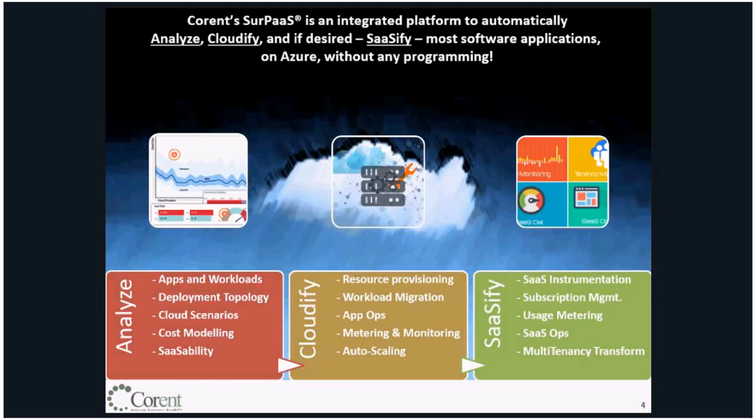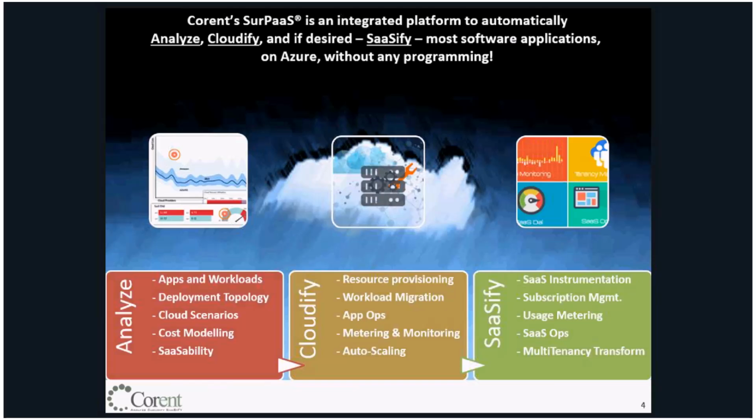Now, to do that, what we specialize in, or putting the company's perspective, is the ability to analyze applications, understand what they do, what the workloads are, and make the recommendations towards cloud enablement. And if necessary, they want to SaaS enable and deploy them as SaaS, we do that as well. So ability to analyze applications is what we actually provide as part of our platform SurPaaS.